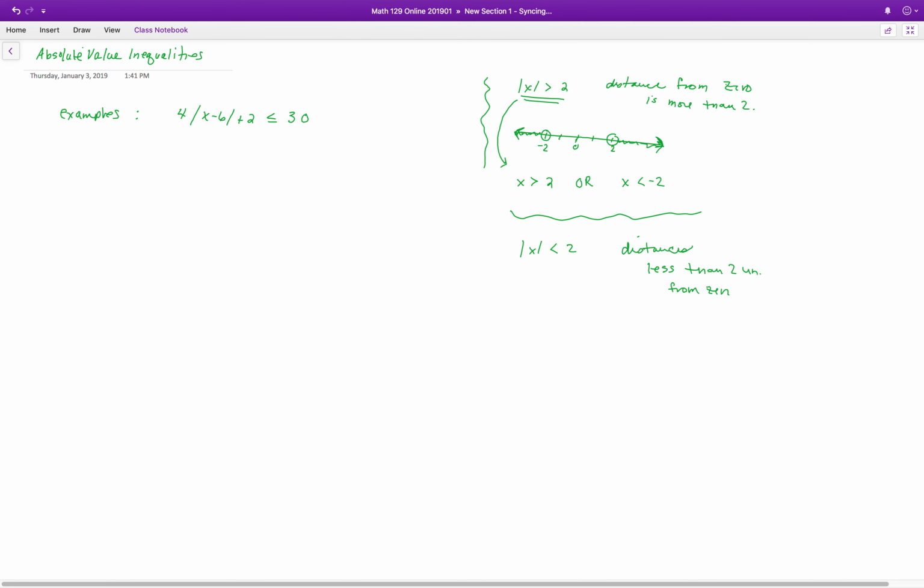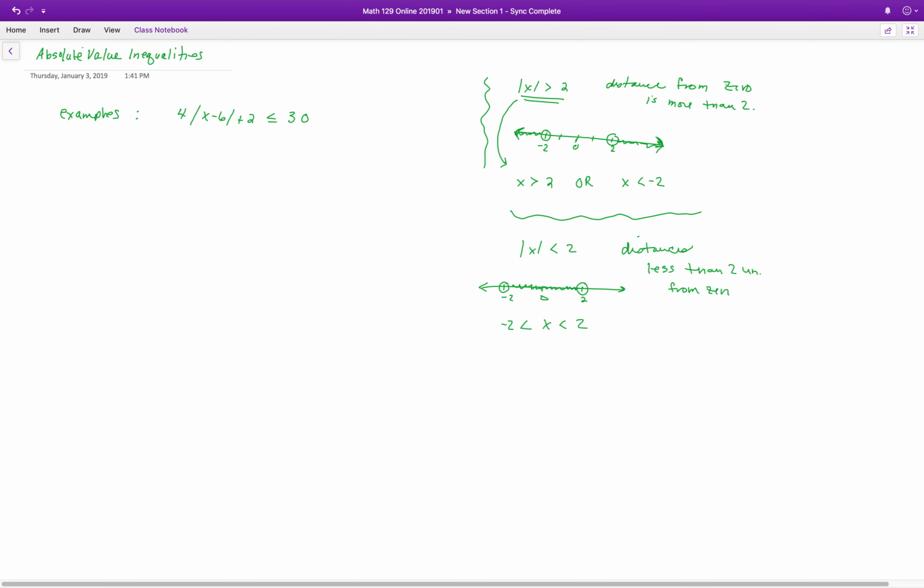Okay, so if I'm looking at a number line, again, here's 0, here's 2, here's -2, and I want to represent all of the numbers that would show me a distance of less than 2 units from 0, that would be all of these numbers inside, in between 0 and 2, or in between 0 and -2. So this inequality would be x values in between 2 and -2.